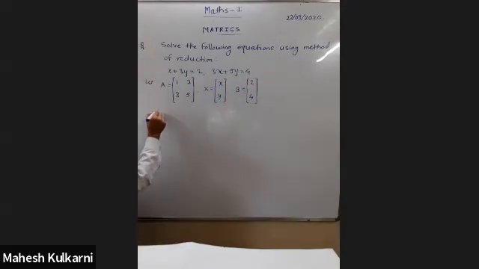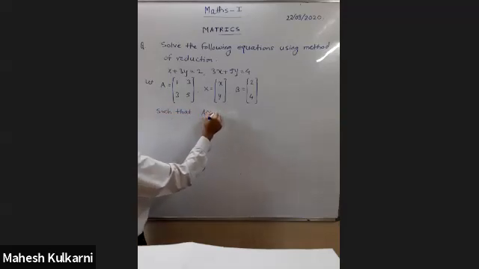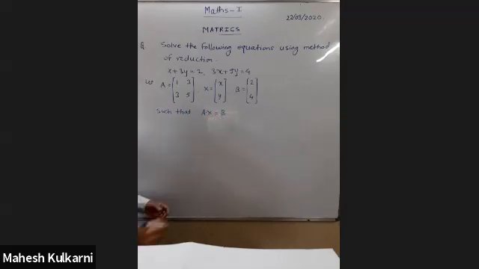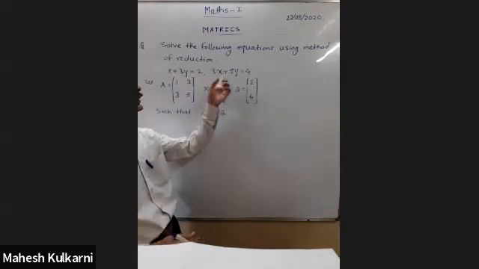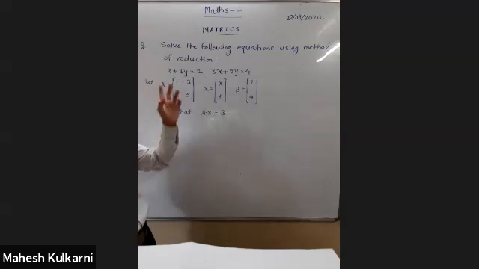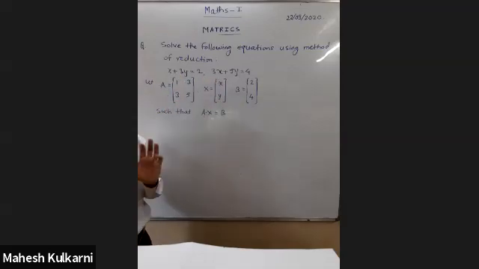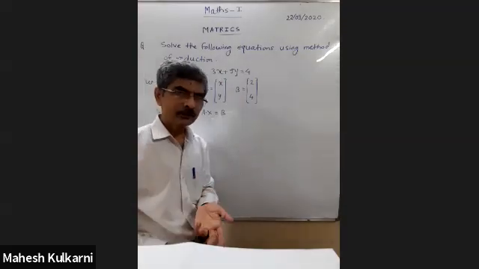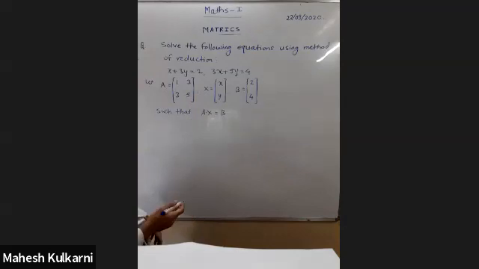Now these are the three matrices such that A into X equal to B. This matrix equation is equivalent to, and is representing, the given system of linear equations. So there are two variables, so only two equations and two rows. If three equations are given in three variables, then the matrix will be of 3 by 3.